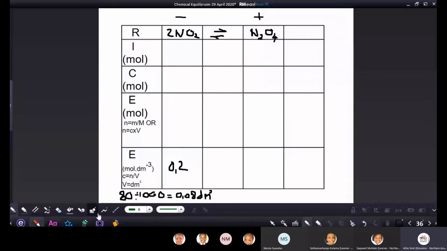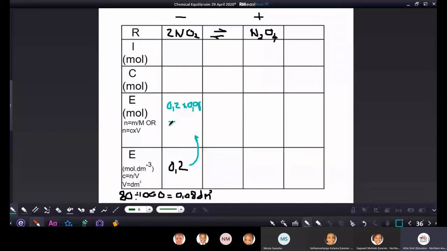So now, what do we need to do? We need to go up, and we need to go from there to there. That's the very first thing. So we take the 0.2 and we times it by 0.08.